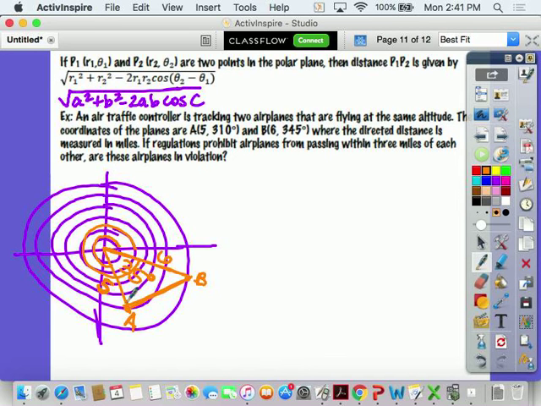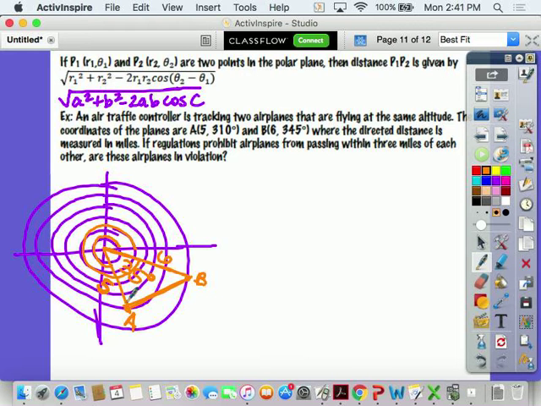You basically have side angle side. You got law of cosines right there. That's where that formula is derived from. It's not something where they just put a whole bunch of letters, numbers, and symbols together. It has a purpose.